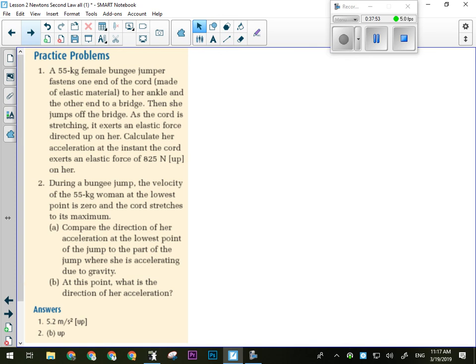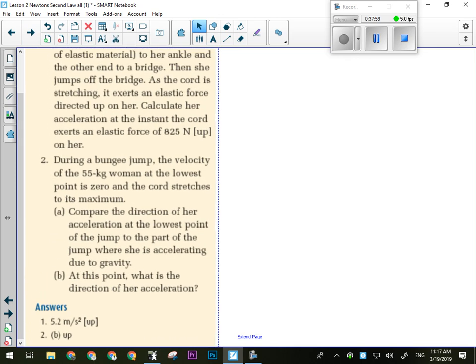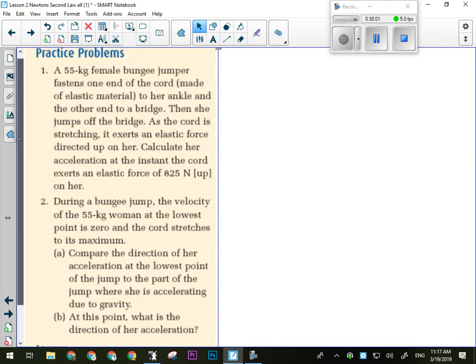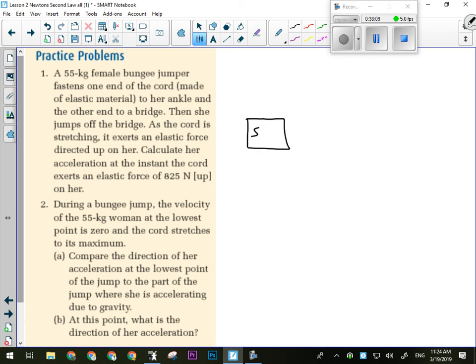All right, I want you guys to try just number 1 for right now. I'll make it a little bigger so you can read it better. So the bungee jumper has a mass of 55 kilograms. She's tied by her ankles, and she jumps off the bridge.